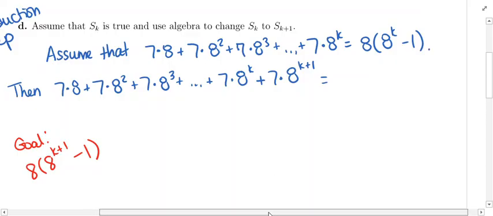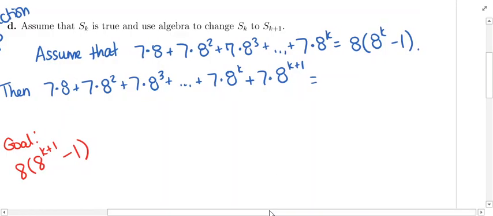All right, so at this point, once you write down the left side of the statement in part C, you need to apply the assumption, okay? And again, that is why you have to have the kth term right here, because it matches up with the assumption. The assumption tells us how to compute 7 times 8 plus 7 times 8 squared plus all the way to 7 times 8 to the k power, which is this quantity.